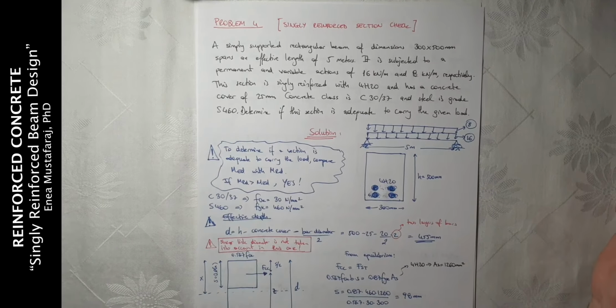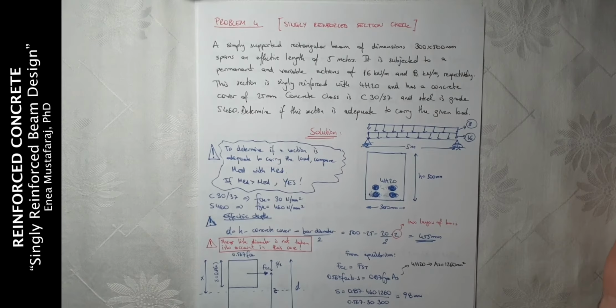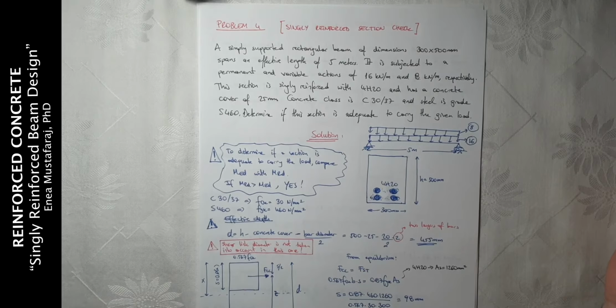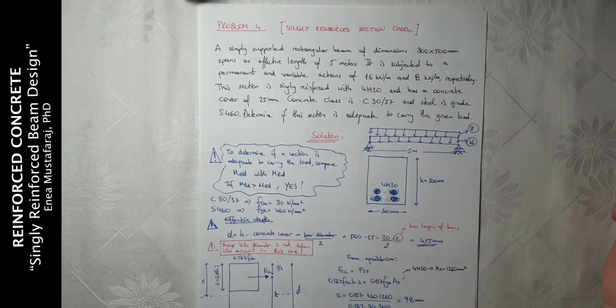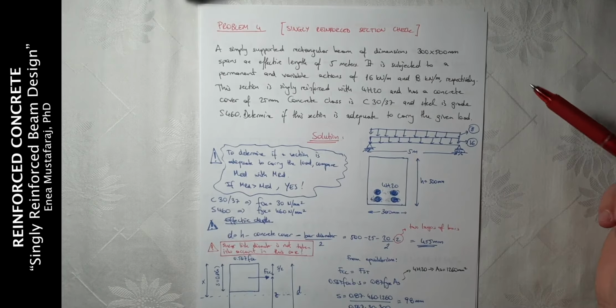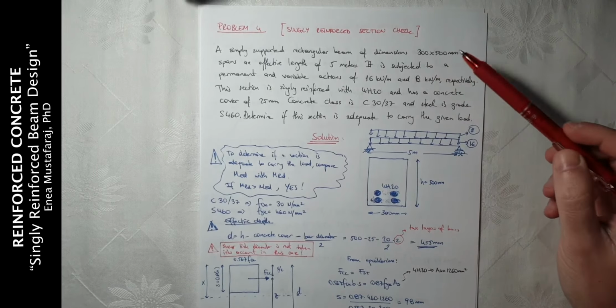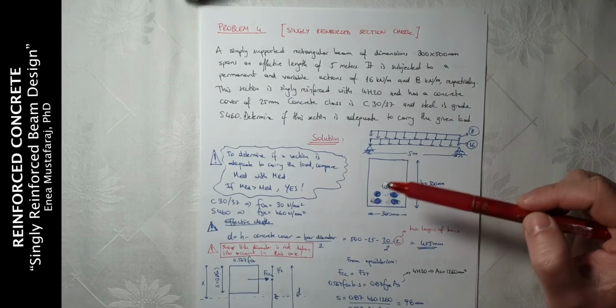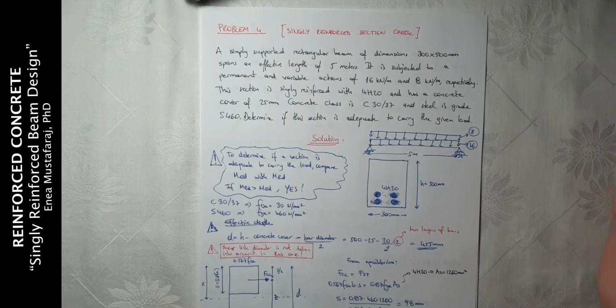In problem number 4, we are required to check a singly reinforced section, whether it is adequate to carry the given load or not. So we have a simply supported rectangular beam of dimensions 300 by 500 millimeter. 300 will be the width and 500 will be the height, which spans an effective length of 5 meters.